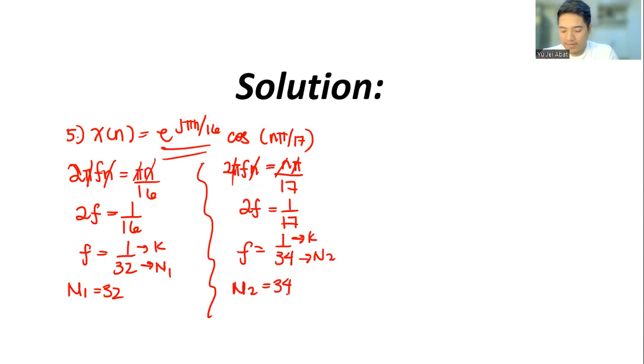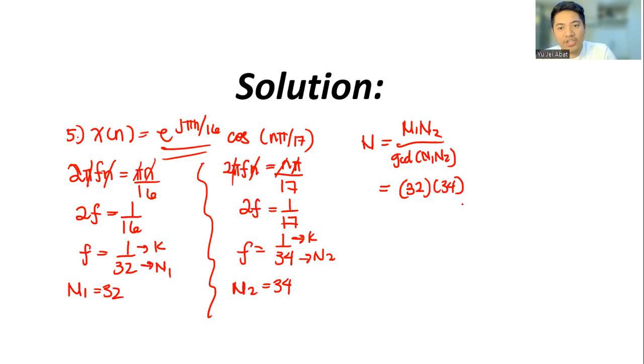So if we're going to get the fundamental period, you have n1 times n2 all over the GCD of n1 and n2. So that would be 32 times 34. What is the GCD of 32 and 34? Of course, the greatest common divisor of these two is 2. It's not 4 because 34 is not divisible by 4.